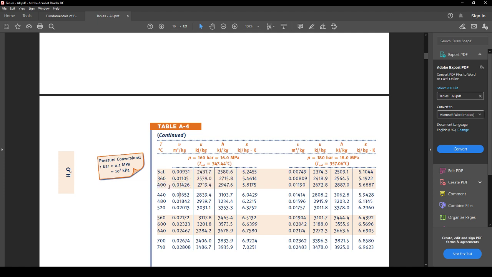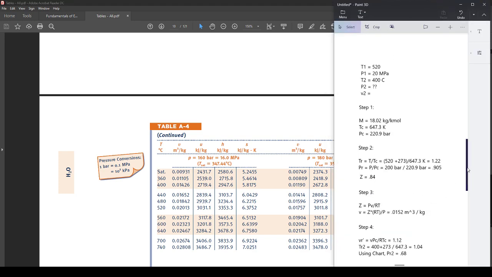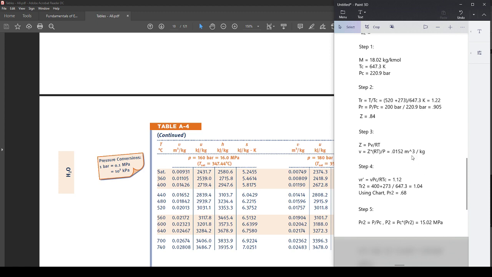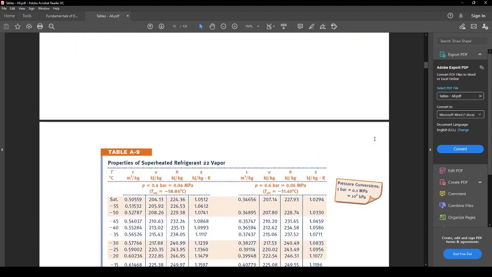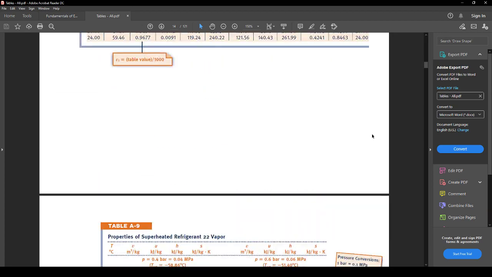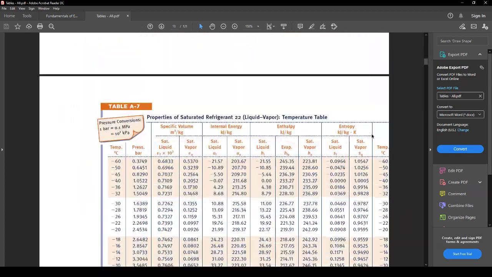And then if you go to 400 here at 16, it is 0.014. So what that means is that we are looking for a specific volume on this chart of 0.0152 at a different pressure. And as you can see, we are in between 16 and 14, right? There's no table for 15. And since there's no table for 15, we can't actually read over.